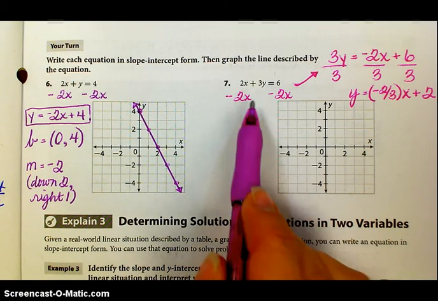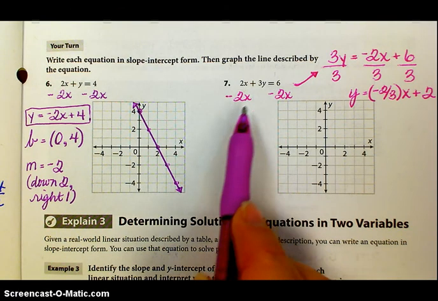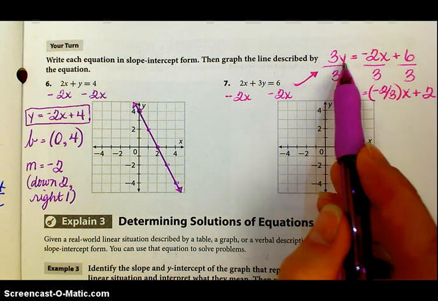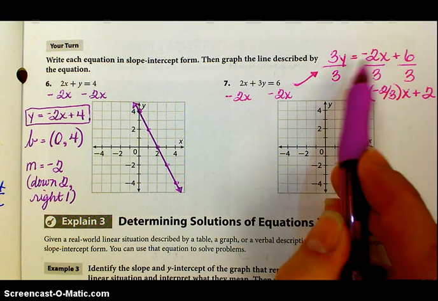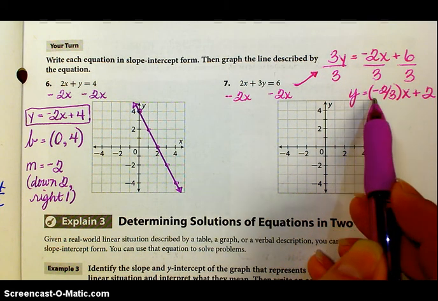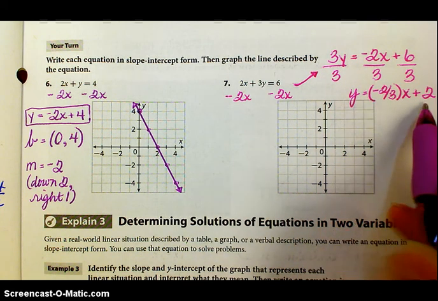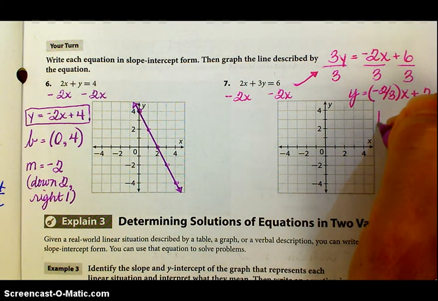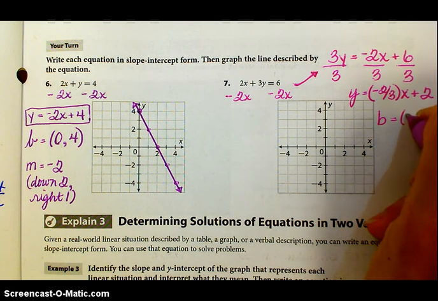All right, number 7 is also in standard form. So we're going to subtract 2x from both sides, and that's going to give us 3y is equal to negative 2x plus 6. Then I've got to divide everything by 3. Y is going to be equal to negative 2/3 x plus 2. All right, so we're going to start with the y-intercept. B is 0, 2.